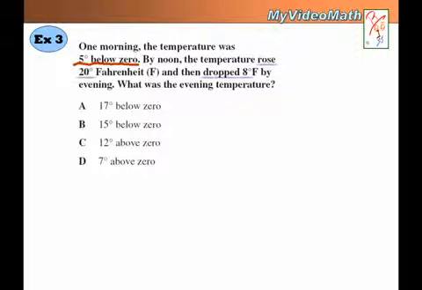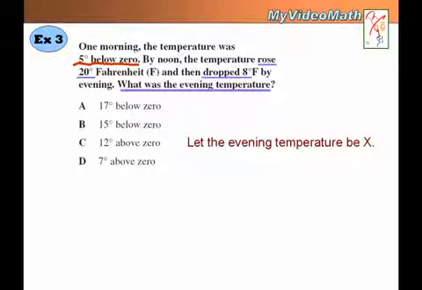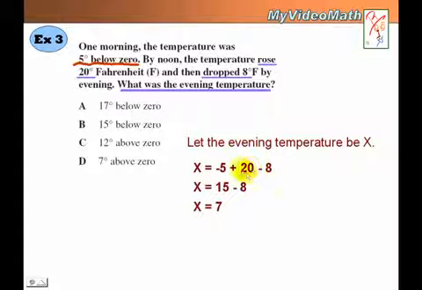By noon, the temperature rose 20 degrees and then dropped 8 degrees by the evening. What we need to know is what was the evening temperature. Let's see. If I use the variable x to represent the evening temperature, then the evening temperature started with -5 and then rose 20 degrees and dropped 8 degrees.